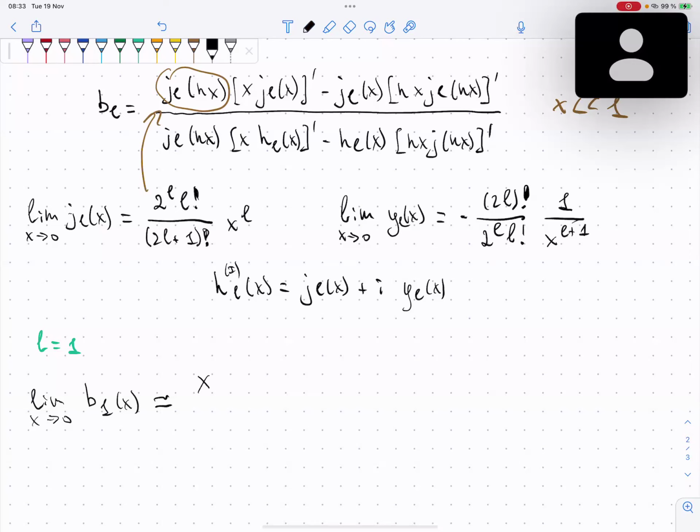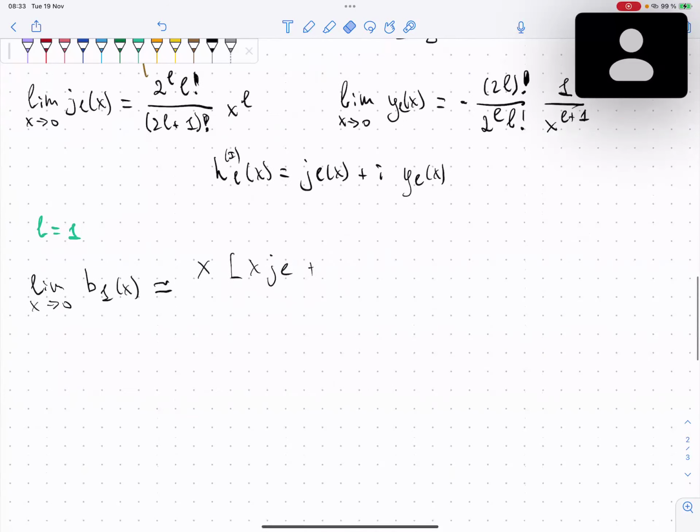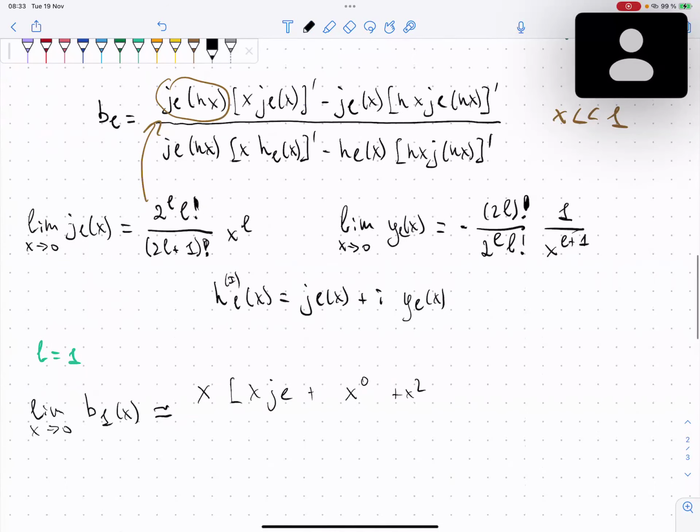This will be x, the derivative will be proportional to x j_l plus j_l prime, which is just a sum of j_(l minus 1) plus j_(l plus 1). So this will be x to the power 0, this will be x to the power 2. So this guy is just basically x squared.